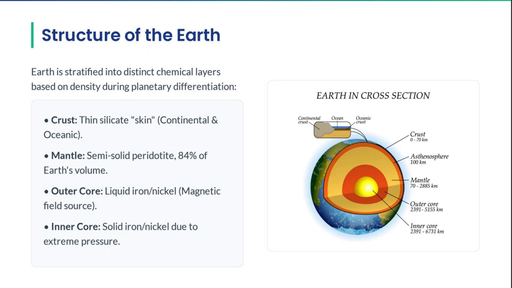Then we have the mantle, which is semi-solid peridotite, which is 84% of the Earth's volume. Then we have the outer core, which is made of liquid iron and nickel, and this is where the magnetic field source comes from. And finally we have the inner core, which is solid iron and nickel due to extreme pressure.